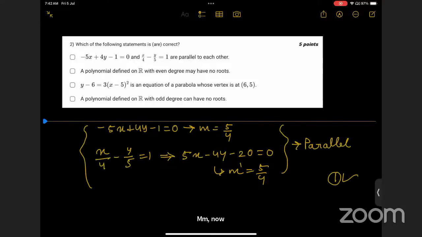Now for the second option, can they be collinear? No, they are parallel, because see, the constant term is different, right?